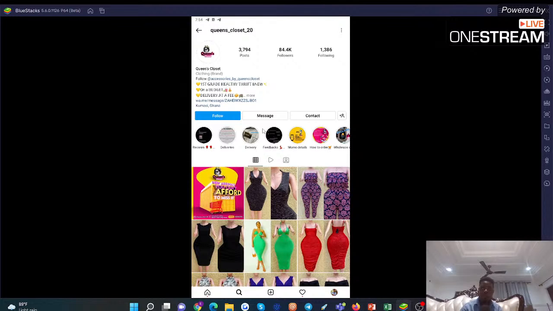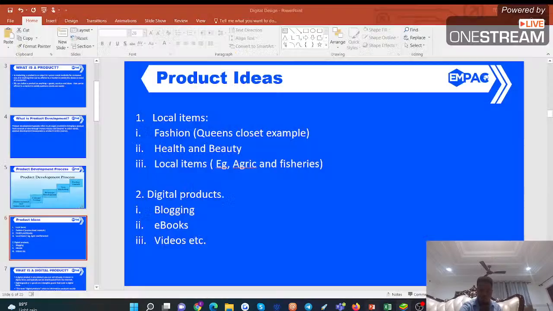Even at that time, people were not willing to pay upfront. They wanted payment on delivery. And she started doing payment on delivery. And then people trusted the brand and they buy from her, pay upfront, and get the item later. So this is an example of a product idea.